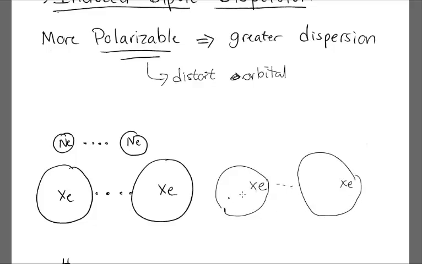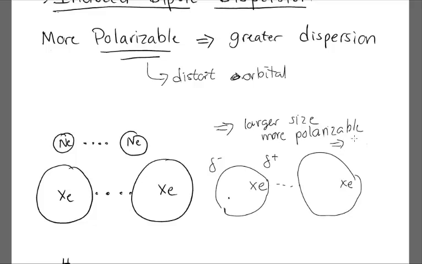So the electron crowd has been distorted, and you have a little bit more negativity on one side and a little more positivity on the other, and they're attracted. All right, so the conclusion is that the larger the size, the more polarizable. And if it's more polarizable, it has greater dispersion forces.